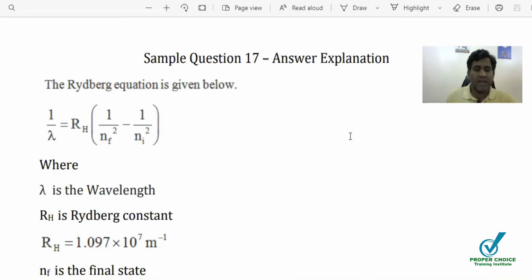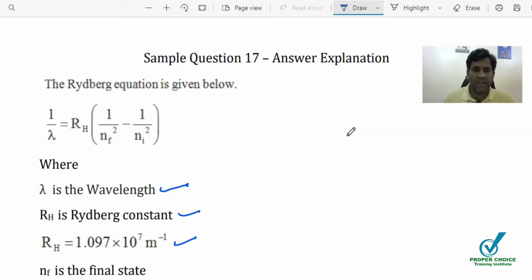Lambda is the wavelength of the emitted light. And RH is the Rydberg constant. That's a constant value, and it will be given to you. Its value is 1.097 times 10 to the power 7 per meter.